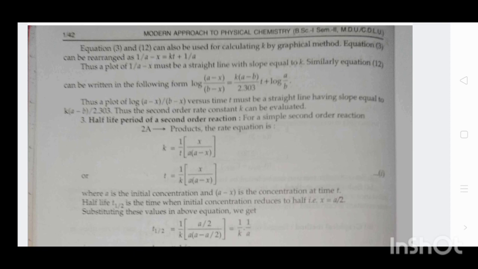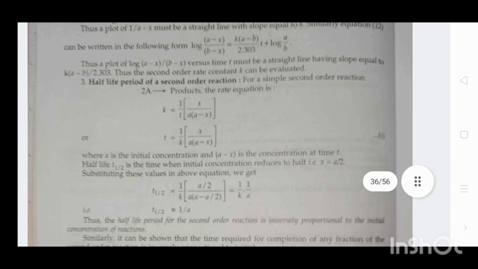Similarly, equation 12 can be written in the following form: log (a - x)/(b - x) = k(a - b)/2.303 × t + log a/b. Thus, a plot of log (a - x)/(b - x) versus time t must be a straight line having slope equal to k(a - b)/2.303. Thus, the second order rate constant k can be evaluated.